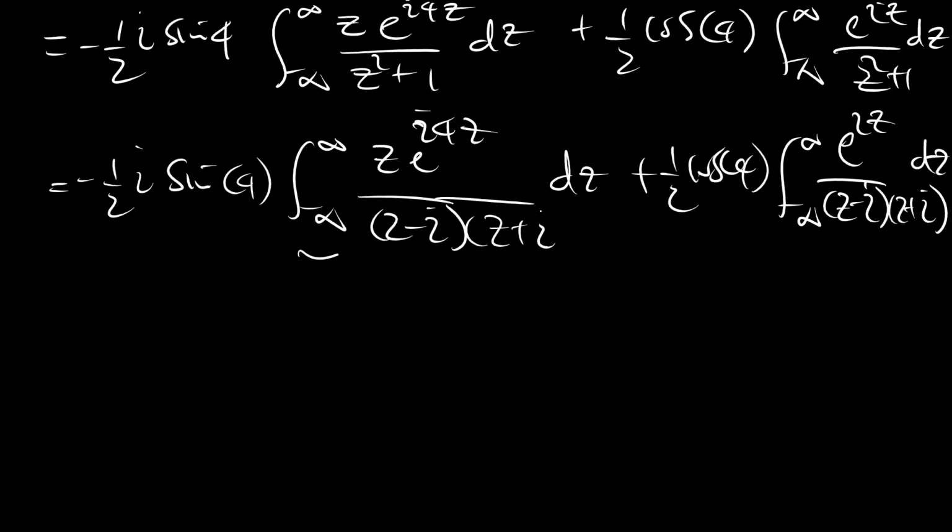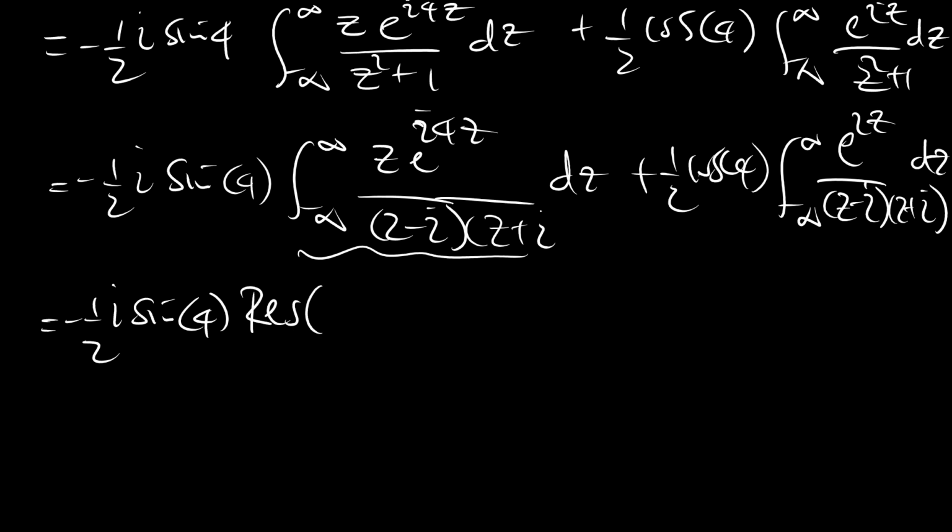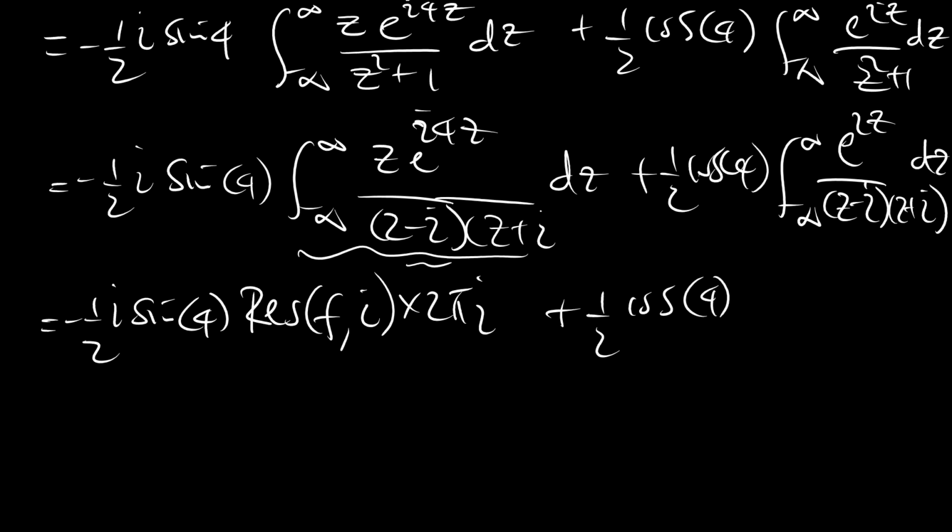And so this integral could be expressed as negative sine 4 residue of our function, the integrand, with i times 2 pi i plus a half cosine of 4 residue. Let's take the integrand as g, i times 2 pi i.